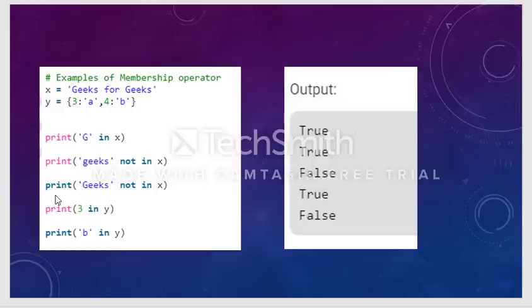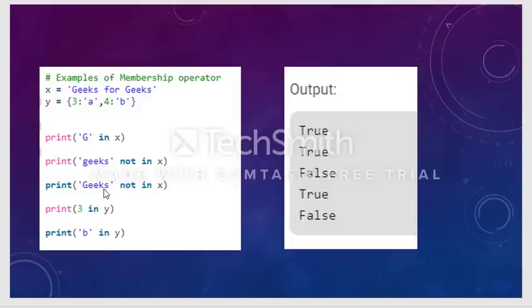Now I am checking geeks not in x, where it starts with a capital G. So geeks not in x is not a correct statement because it is there.